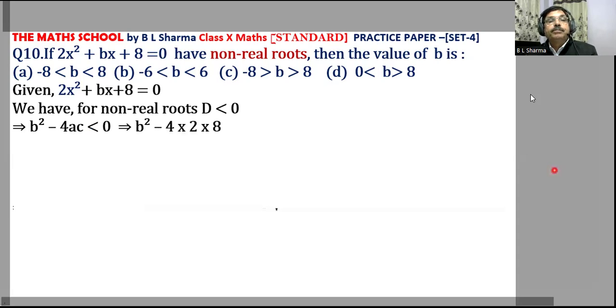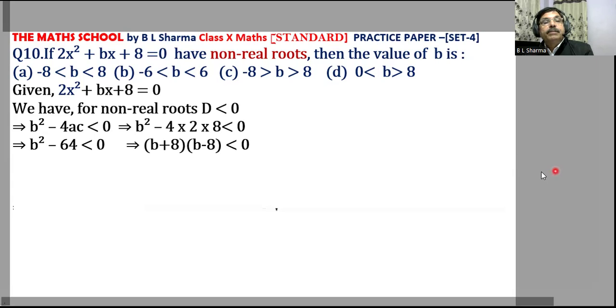In place of a you put 2, in place of c we put 8, and put in this condition, b square minus 4ac is less than 0. On further simplification, b square minus 64 should be less than 0. Factorize the left hand side, a square minus b square is a plus b, a minus b. So b plus 8 and b minus 8 should be less than 0.